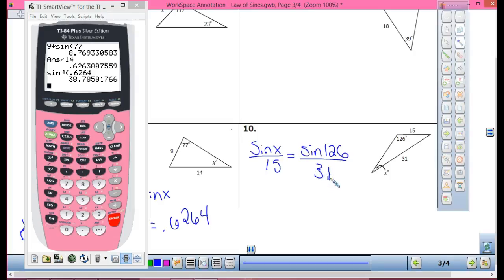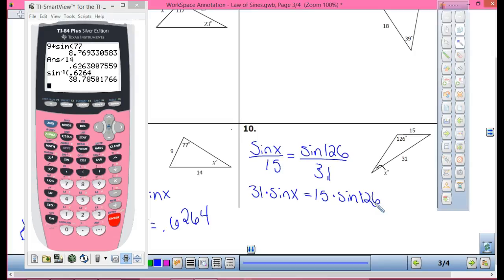This is getting jumpy on me. Okay, so I have 31 times the sine of x equals 15 times the sine of 126.